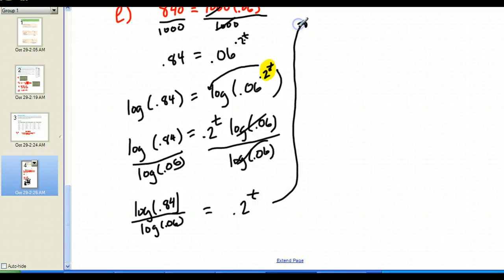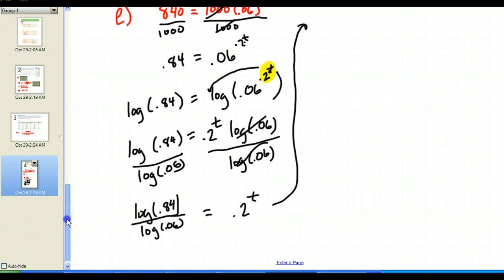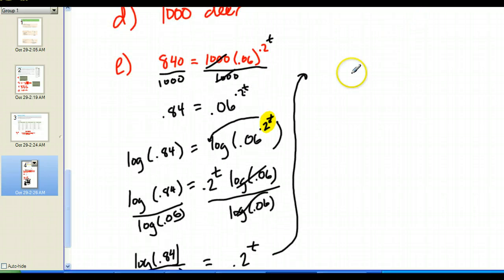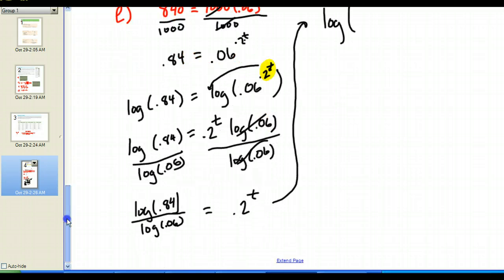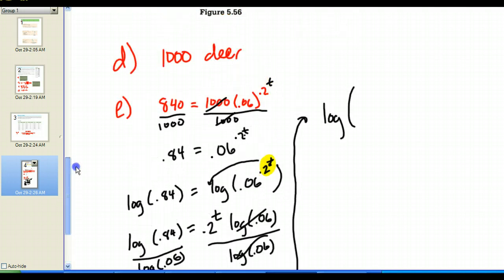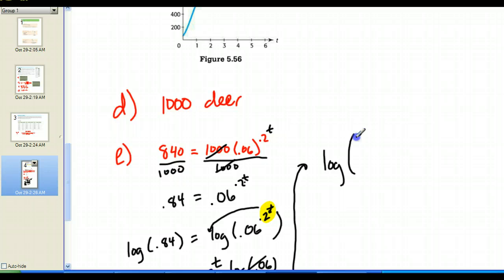I need to bring in a log again because the exponent is the variable, so I need another logarithm. So I'm going to bring in the logs again, the log of the log. So the log of 0.84 divided by the log of 0.06 is now inside the log.